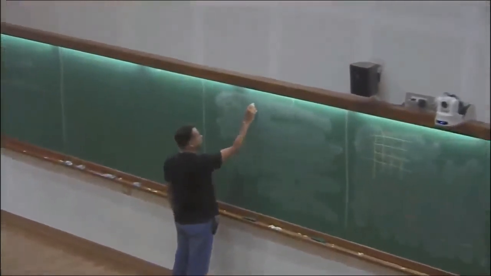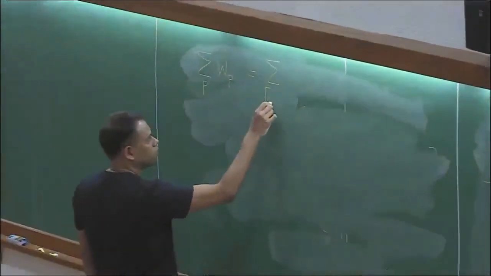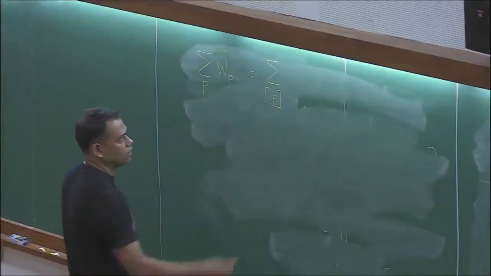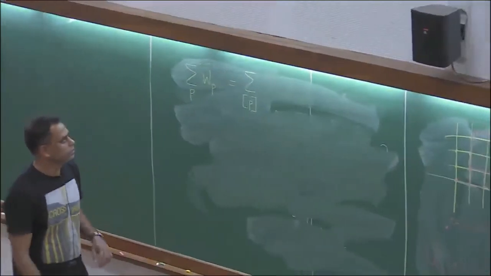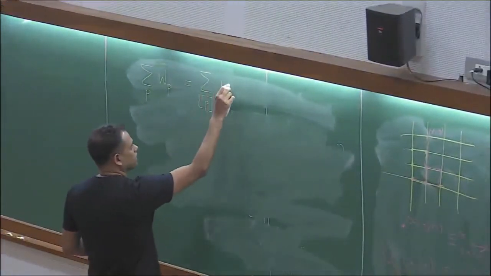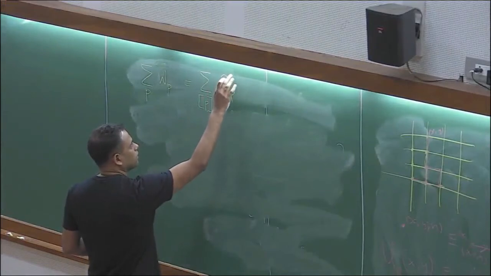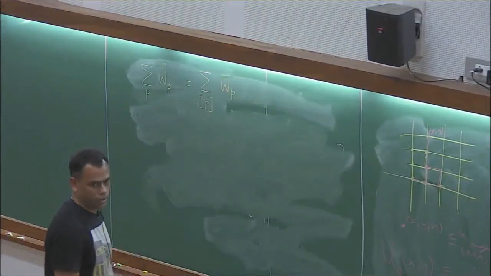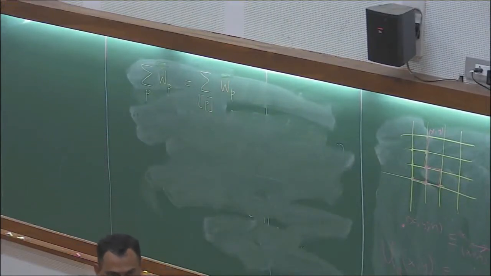This you can write as a sum over P, where you remove periodic orbits. So this is WP. Now what is remaining? Remaining is periodic orbits. Correct?